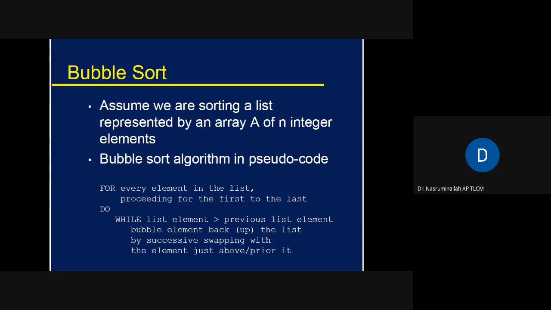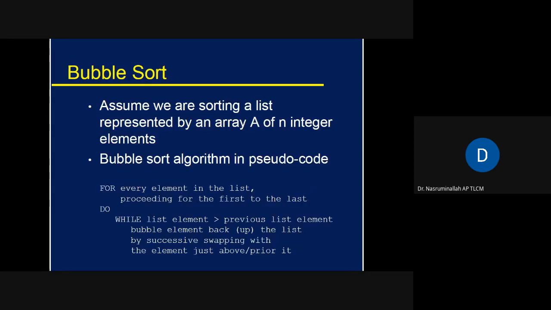As you can see from its name, bubble sort, the strategy of this algorithm is focusing on bubbling up the smaller elements to the top.